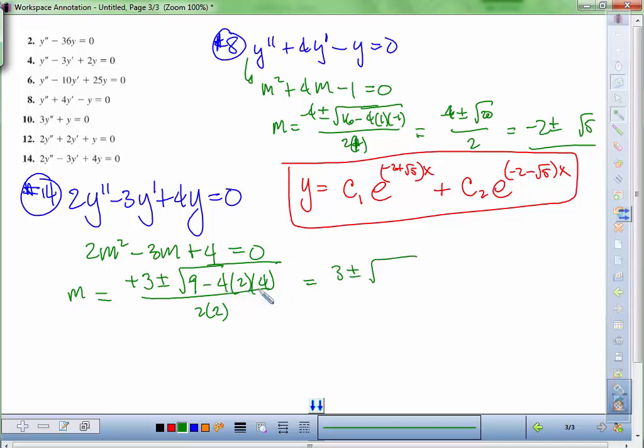What goes in here? Square root of what? Negative 23. Not only is it complex, it also is a big mess.